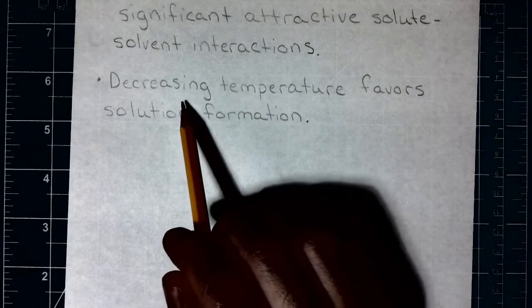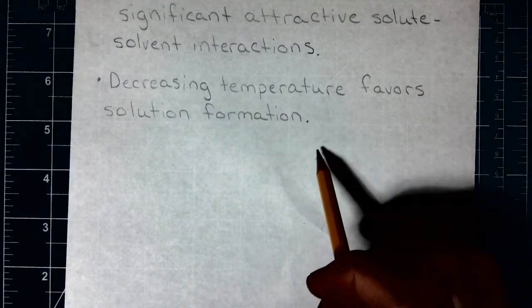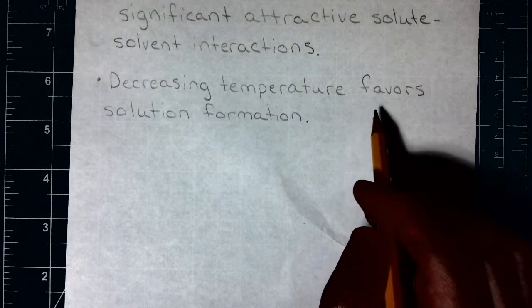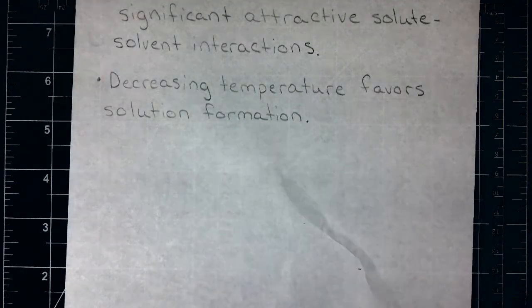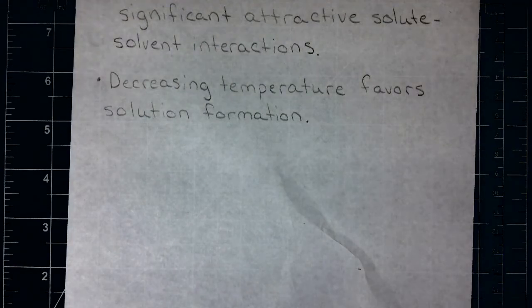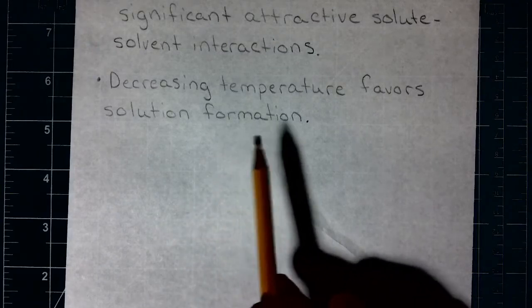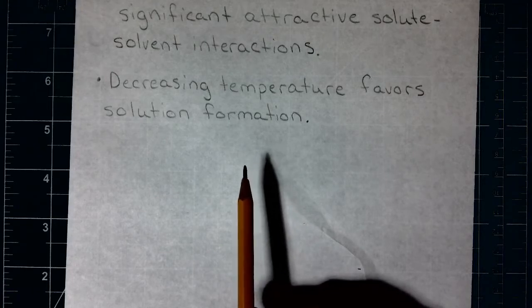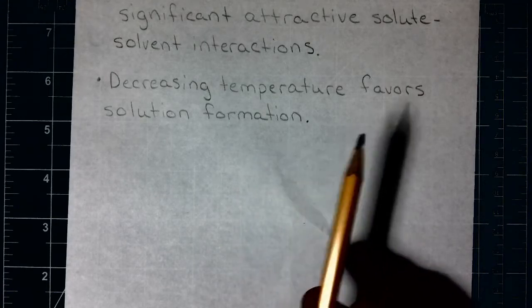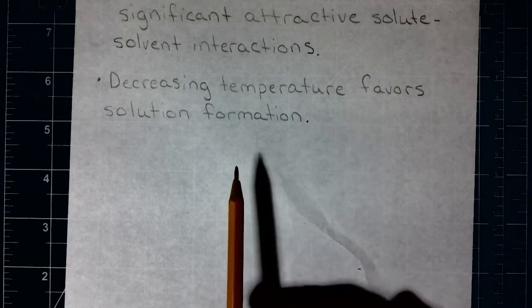So in this case, decreasing the temperature is going to lower the value of the T delta S term and favor the solution formation, which is pretty intuitive actually if you think about it. Something like a soda, if you let it get warm, it gets flat, and that's all of the gases that have been released from the solution. But if you put it in the fridge and keep it cool, it stays really nice and fizzy.